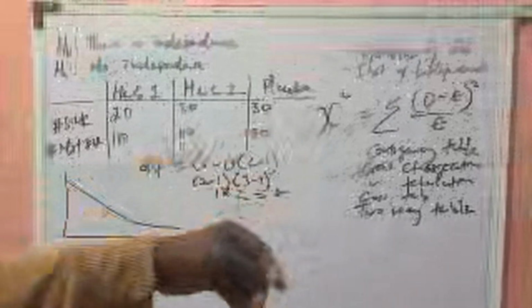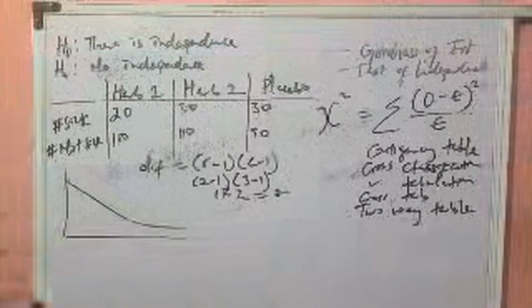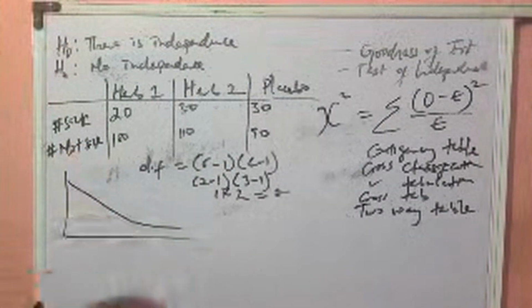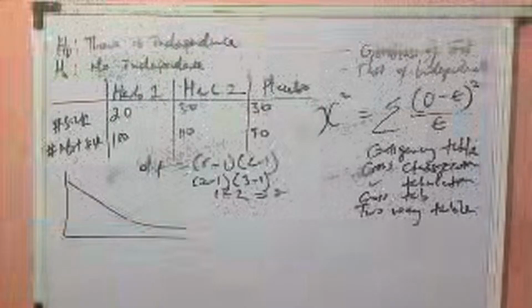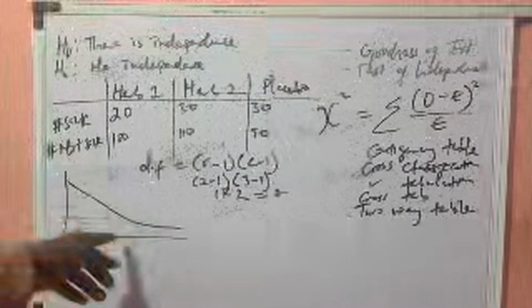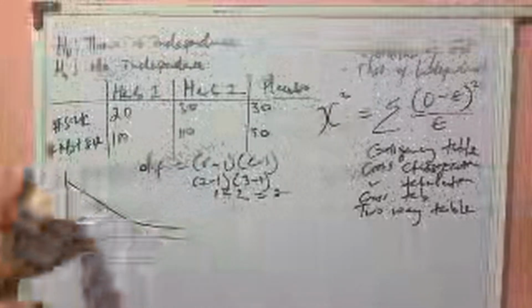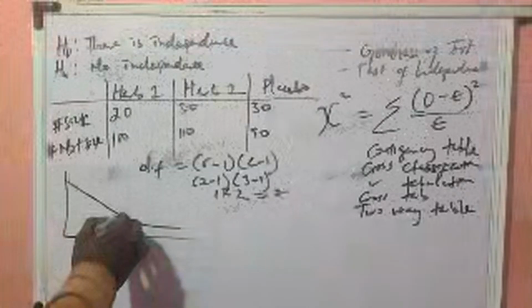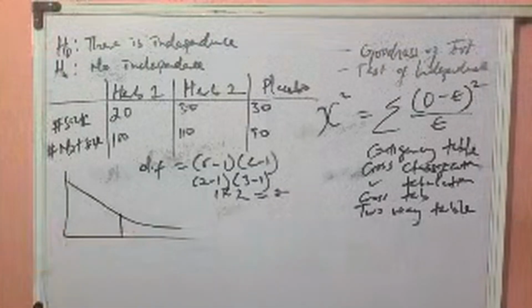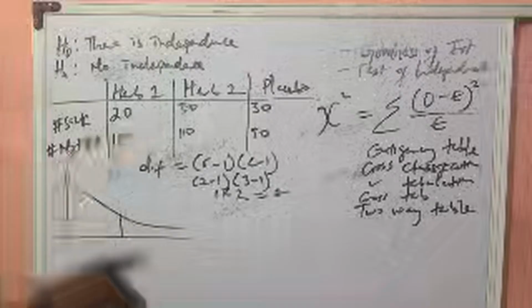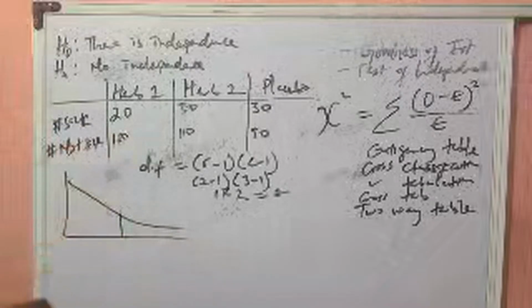So you use this degree of freedom to find the critical value from your table. We can call it the table value. Another name for it is the critical value. The critical value is that thing that separates the critical region from the acceptance region. So you want to find at what point you will decide to reject the null hypothesis.